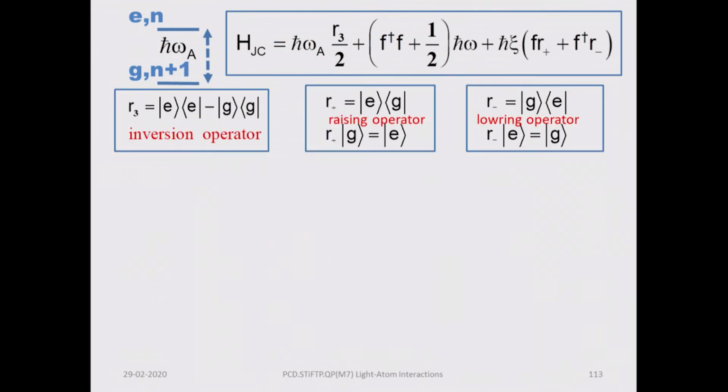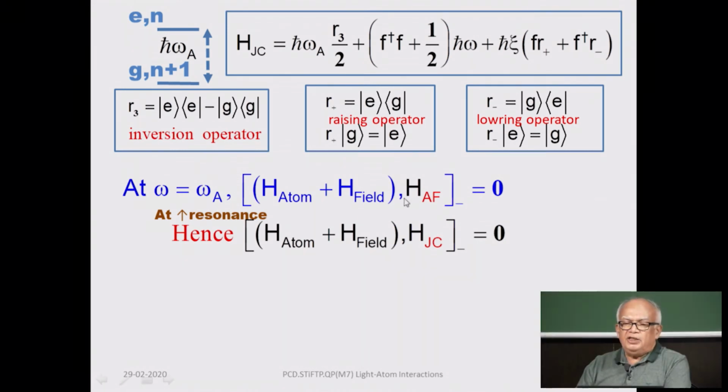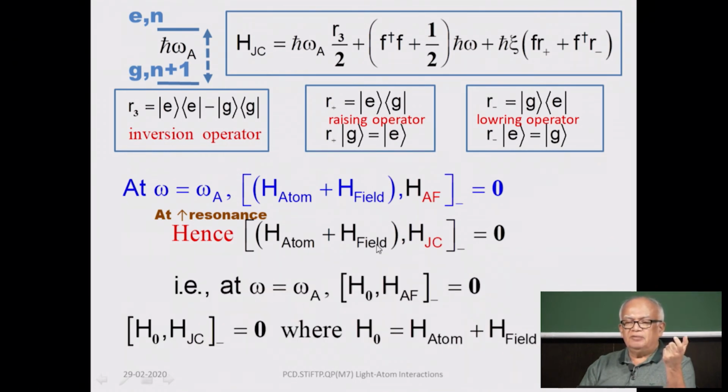So, good. So, notice that the interaction Hamiltonian commutes with the sum of the atomic Hamiltonian and the Hamiltonian for the electromagnetic field, and the Jaynes Cummings Hamiltonian, which is just the two terms, also commutes with this, all right.